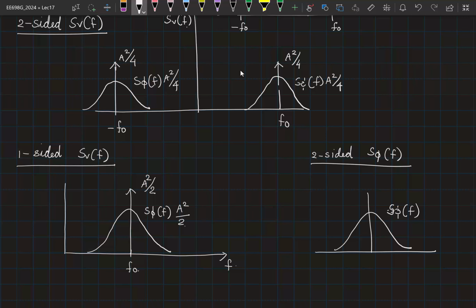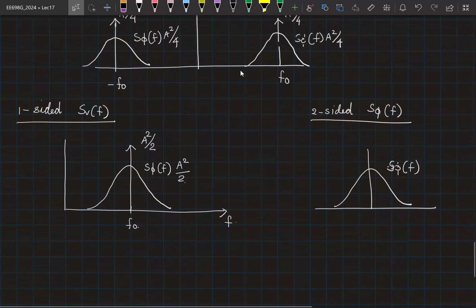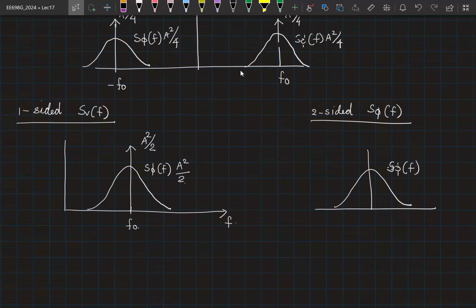Whether I make it one-sided or two-sided, I have to appropriately multiply it with the carrier amplitude. For a two-sided PSD, I multiply it by A square by 4. For a one-sided PSD, I multiply it by A square by 2.